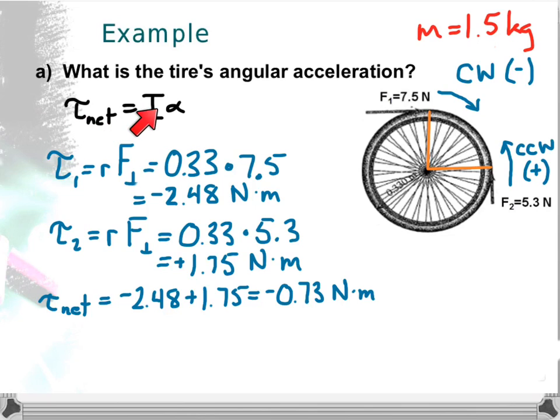Okay, so I figured out the net torque. Now I have to figure out what the rotational inertia of the wheel is. And the way I do that is I have to actually think about what shape this bicycle wheel resembles, and then I'm going to use the appropriate shape in my table of common moments of inertia. I'm going to ignore the spokes on the wheel.